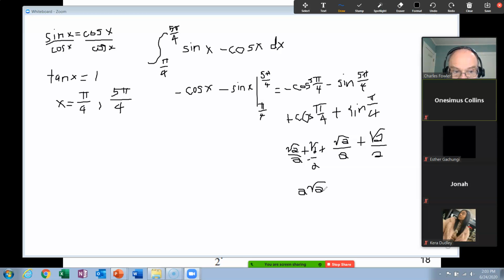Does that make sense? And every one of those increments, if you had gone from 5/4 pi to 7/4 pi, your curves would have been different, but then the cosine would have been on top. So you would have had to do cosine minus sine. That works.